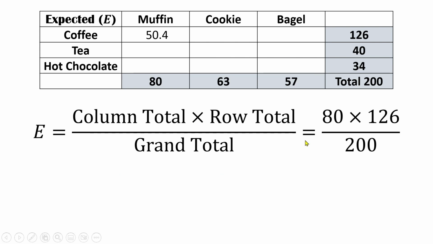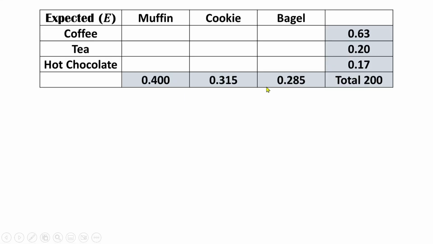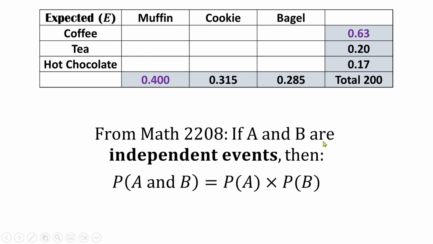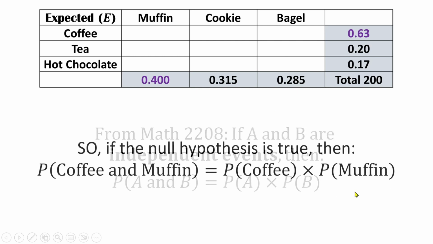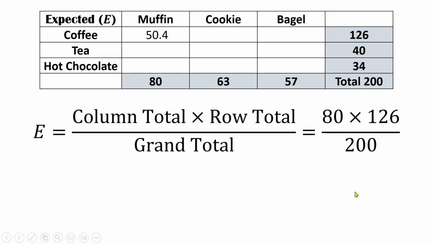But again, the reason why I explain it this other way is because I want you to understand why we can use that simple formula, column total times row total over grand total. The reason is that we're basically appealing to things we understand already about independent events. Okay, so enough of that.